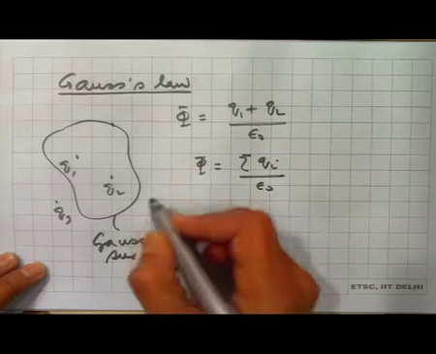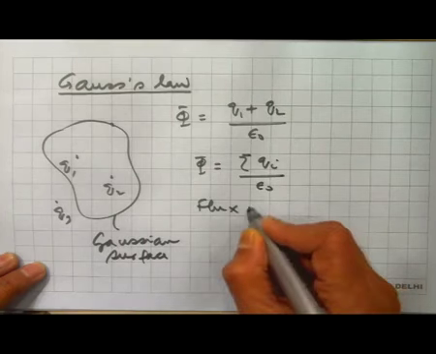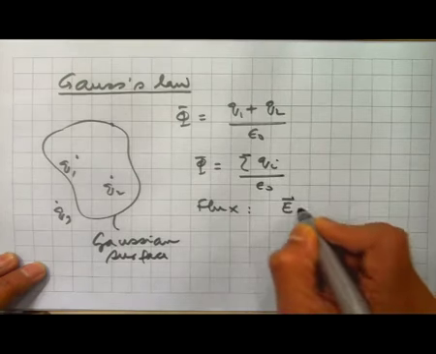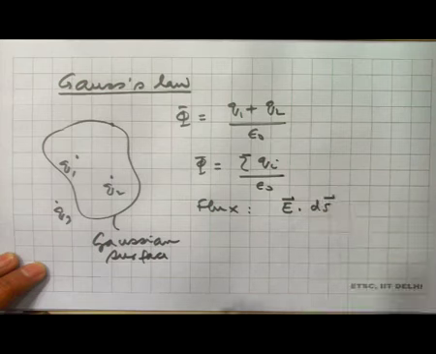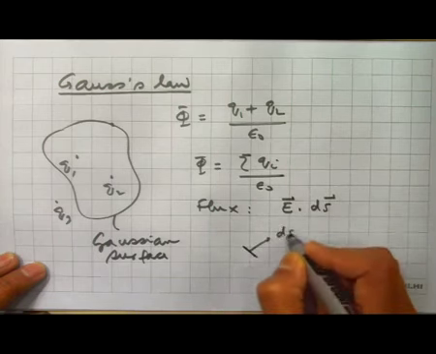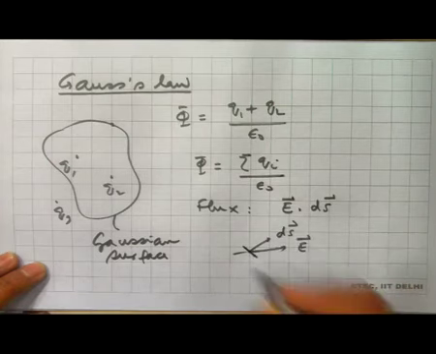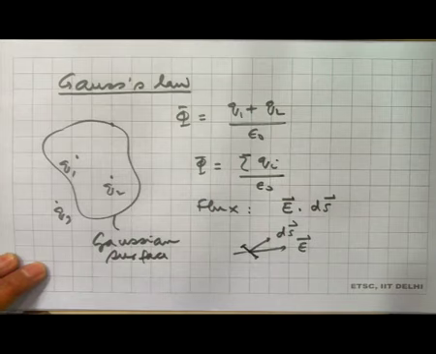The flux was defined as, if you have a surface, E dot ds. So, if I had a surface ds here, ds vector, and electric field was like this, then the flux through this ds is actually E dot ds. So, this is for a set of point charges.